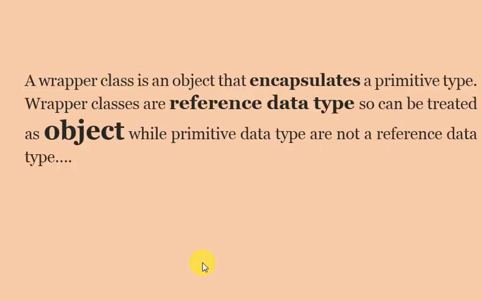So a very important difference between a wrapper class and a primitive type is that a wrapper class is an object which encapsulates its relevant primitive data type. Wrapper classes are reference data types, so they can be treated as objects, while primitive data types are not reference data types, so you cannot call them objects. So this is the biggest difference between a wrapper class and a primitive type.